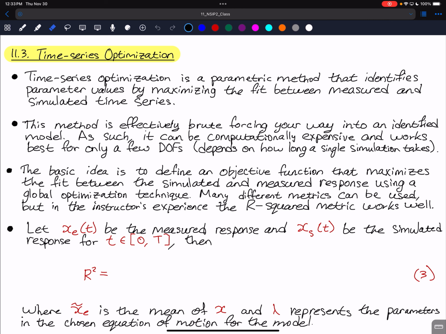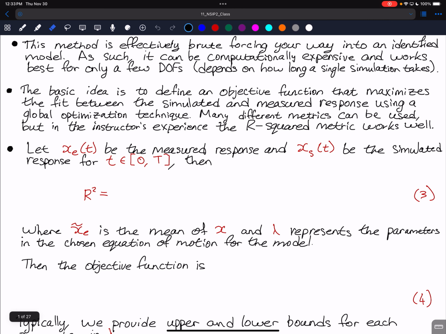With that in mind, say that XE here is our measured response, E for experiment, and then XS is the simulated response, S for simulation, on some time interval from 0 to big T. Then you can define the R squared metric to be equal to 1 minus a fraction. In the numerator, we're summing over time of XE minus XS, that quantity squared.